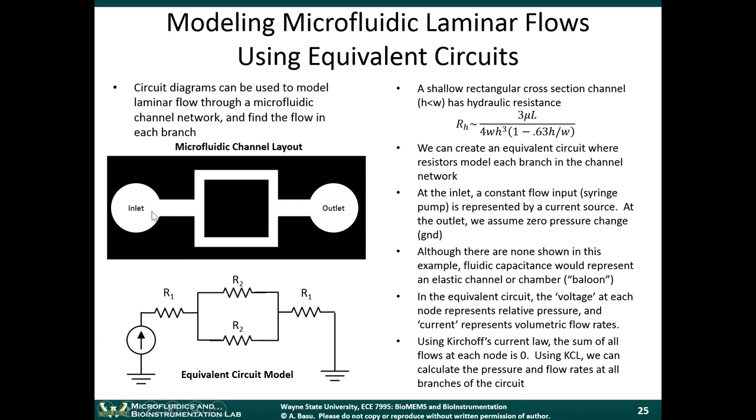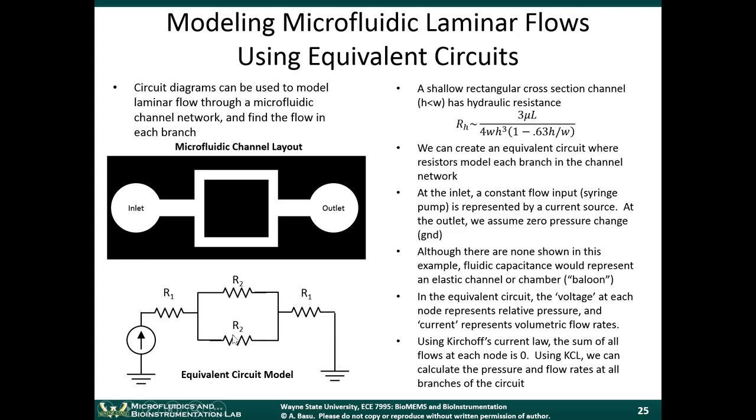You can think of this network as a series of channels that are connected together. We have one channel here. We can think of this whole thing as another channel. This part is another channel, and so on. These different branches can be represented as resistors. This part here we represent as R1. This branch up here we represent as R2. This branch down here we also call R2 because it has the same value. You can see that they're symmetric. And then we have the same value here as R1 at the outlet.